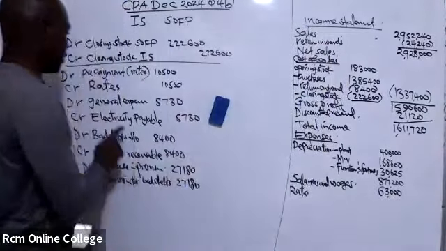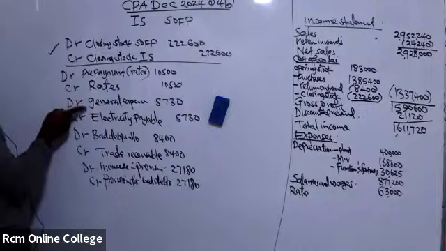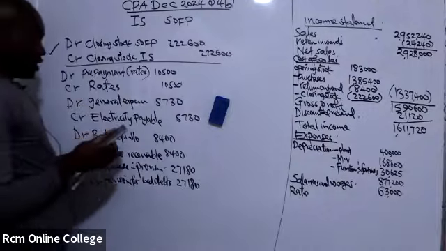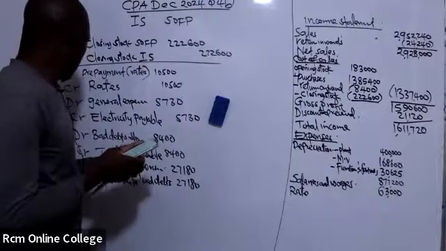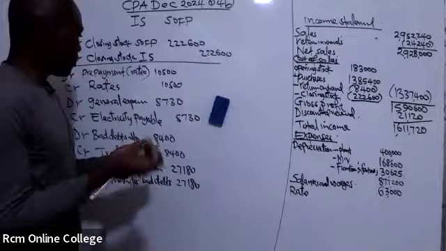Another item that was affected: general expense. General expense was actually increased.